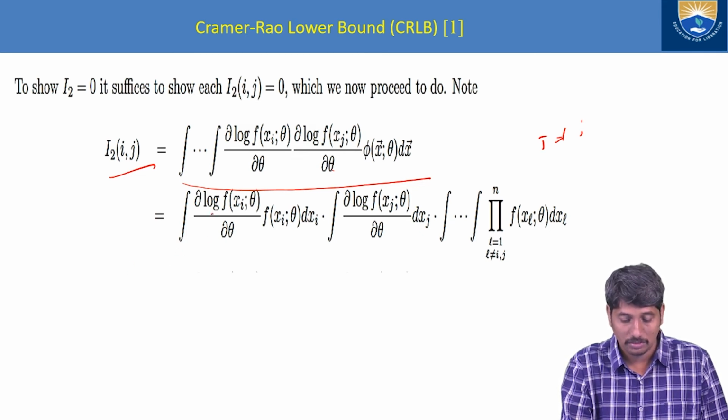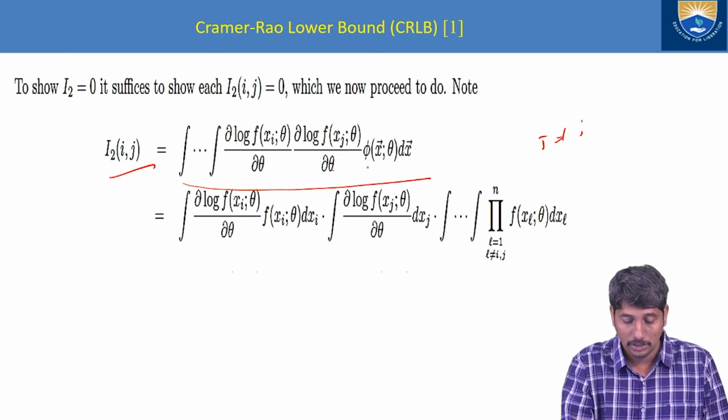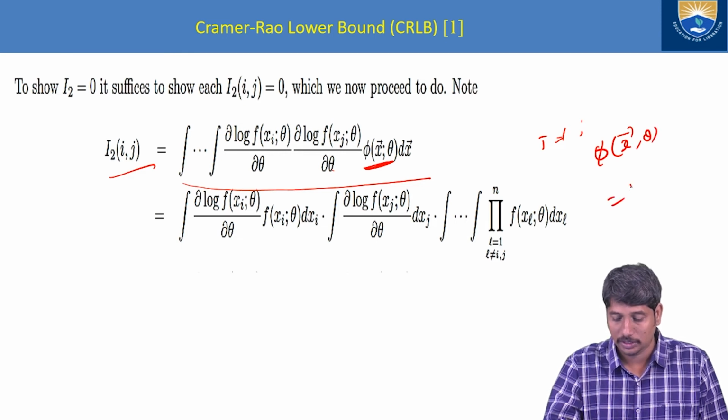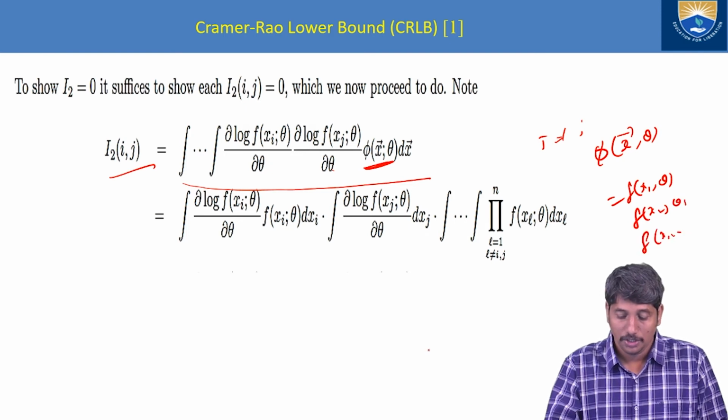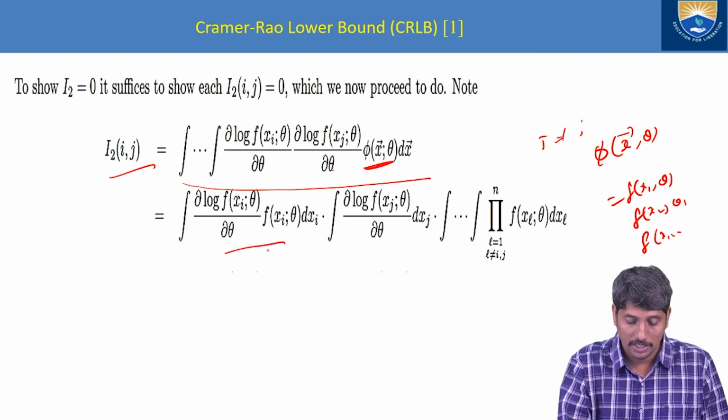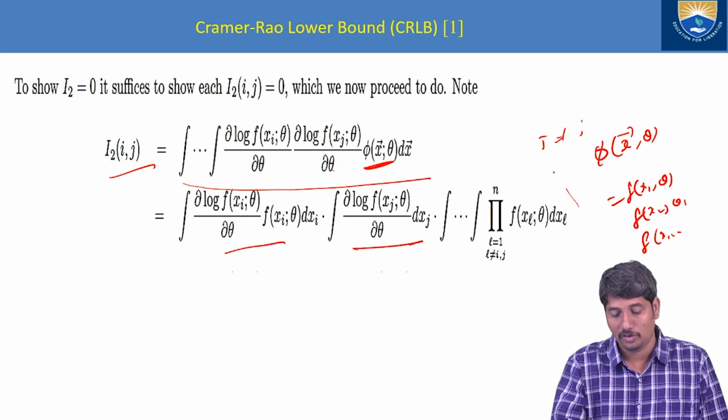Now you can separate, as I told you here. This phi, that is phi of x cap comma theta, is nothing but f(x1, θ) f(x2, θ) up to f(xn, θ). You could separate it with the help of i and with the help of j and the remaining all.